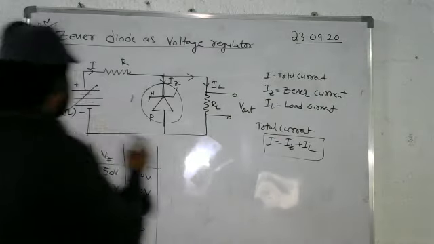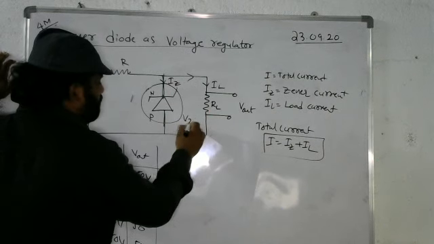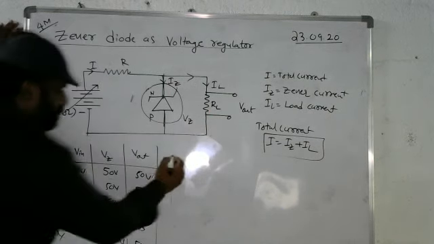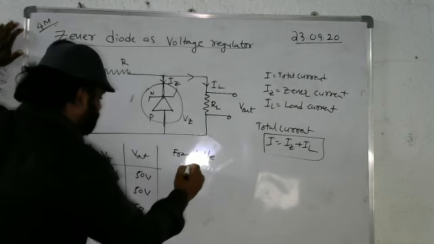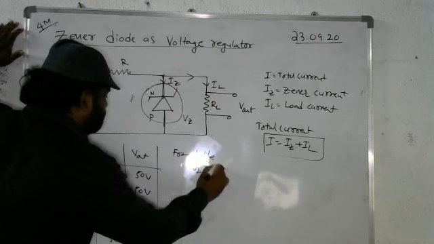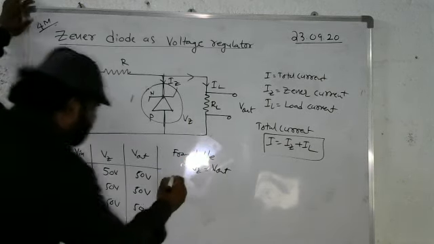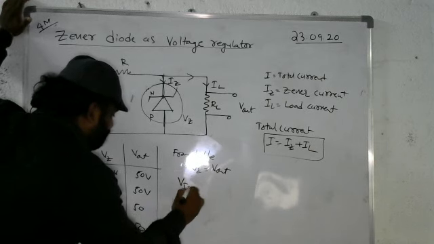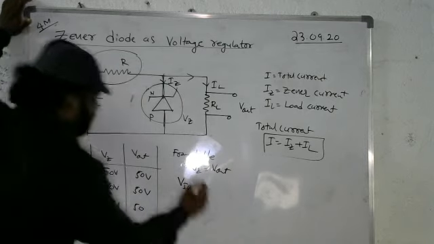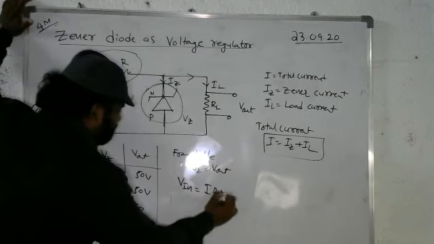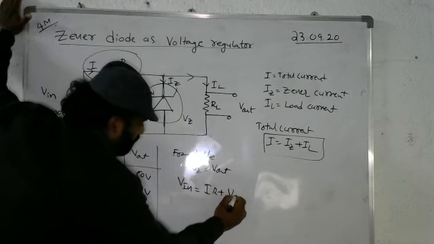Suppose here is the input voltage and this is the output voltage, and here it is a Zener voltage, let it be Vz. Here always, from the table we have observed that Vz is equal to Vout. Always Vz is equal to Vout. But the input voltage Vin is equal to IR plus Vz. We can write Vz or Vout, whatever it is.